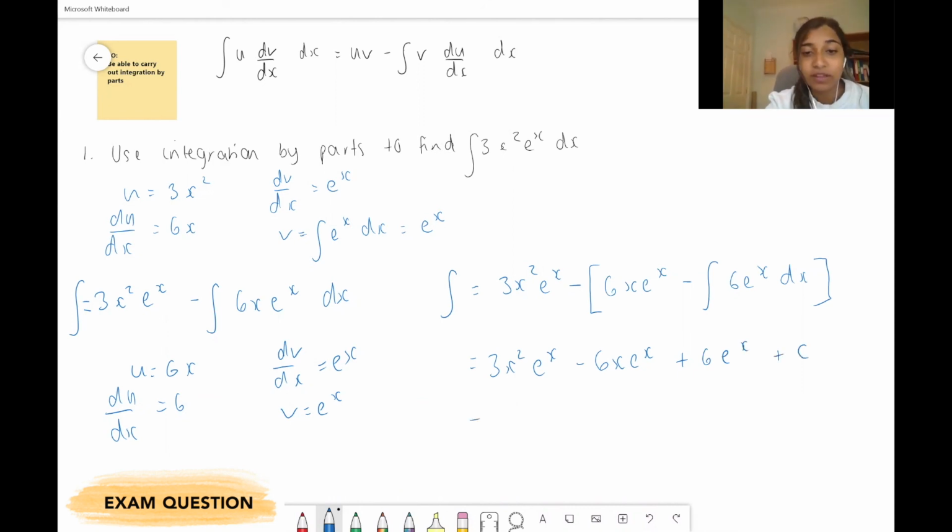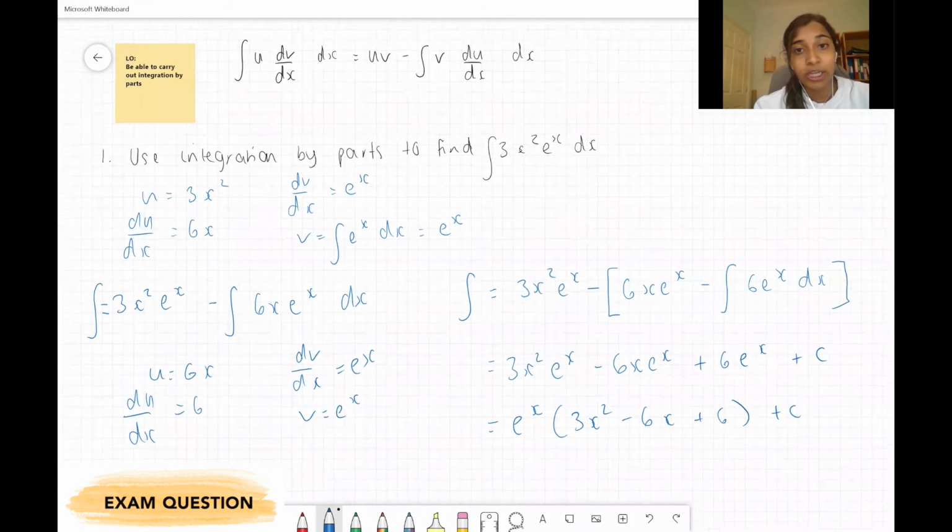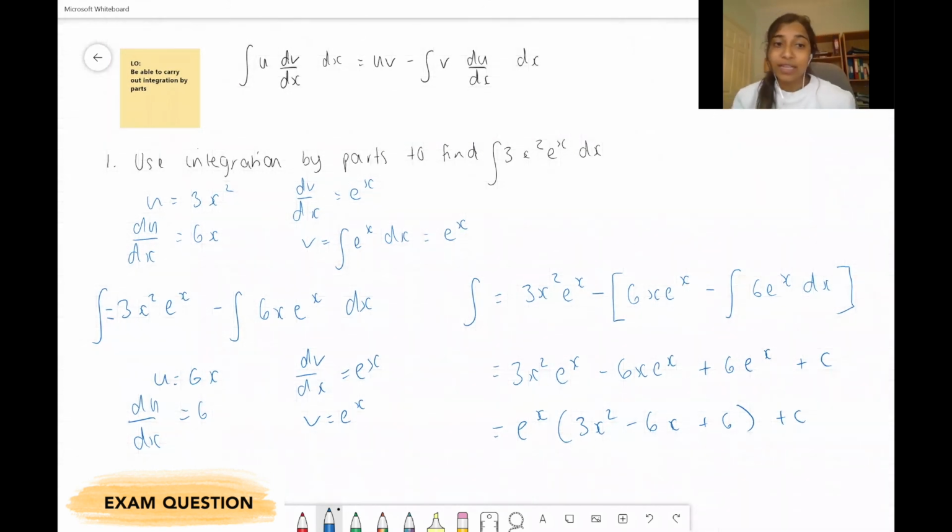If you want to simplify further, there's no need to, but you can take e to the x out and get e to the x times 3x squared minus 6x plus 6, plus c. And that's your answer to this question. So the key is noticing what you want your u to be, and then doing integration by parts twice to get your final answer.